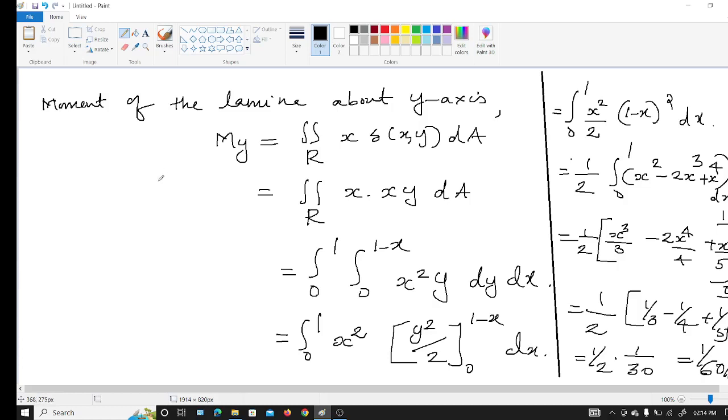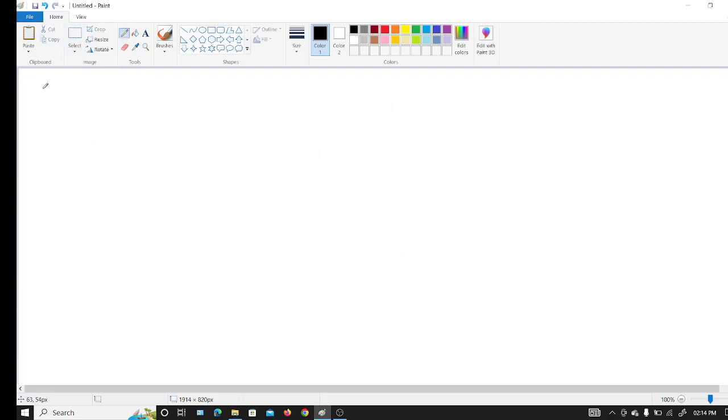Similarly, we can find the moment of the lamina about the x-axis, and the formula is given by Mx equal to double integral over R y into delta xy dA. Now you can substitute for delta xy.